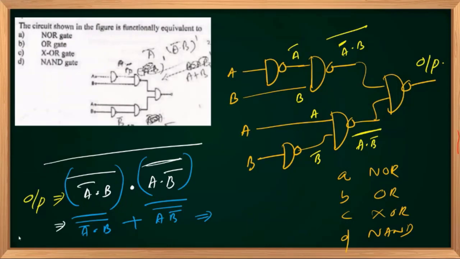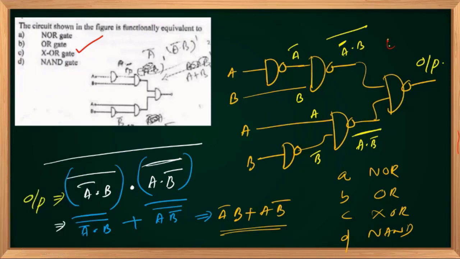X double bar will be X itself. So A bar dot B double bar is A bar B itself, plus A B bar double bar will be A B bar itself. So this is nothing but A bar B plus A B bar. That is my XOR gate.